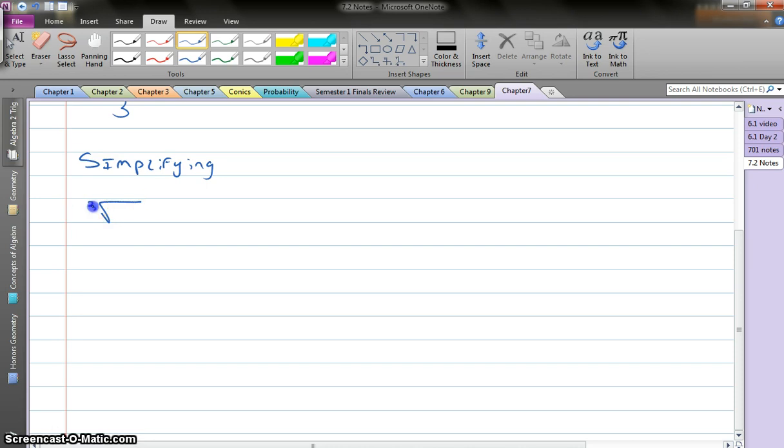So, the cubed root of x to the 4th, the 4th root of x to the 10th, and the cubed root of 8x to the 3rd, y to the 6th. Let's start with those 3. Here we have the cubed root. So how many x to the 3rds are in here?